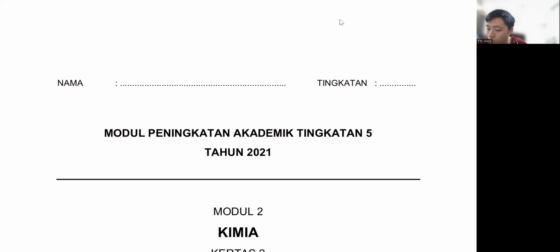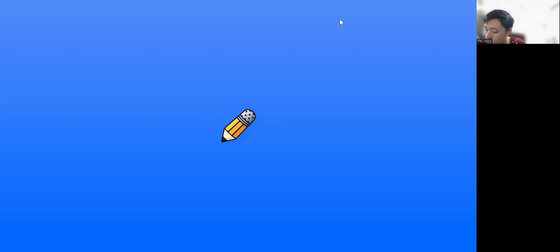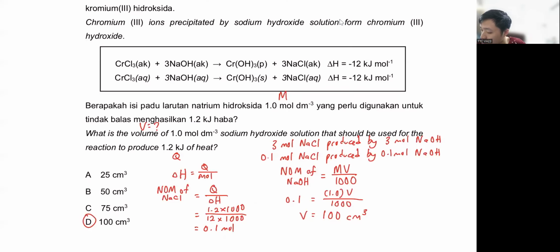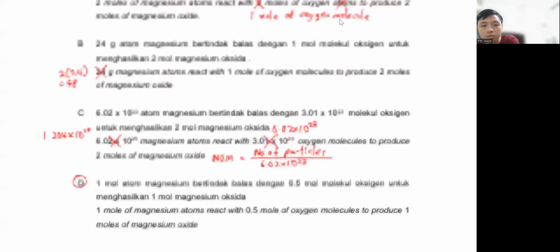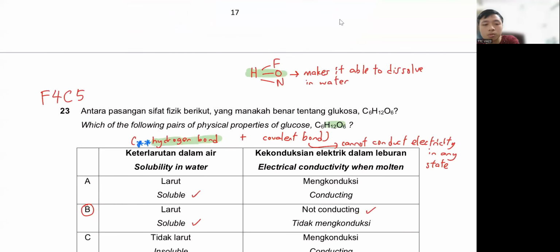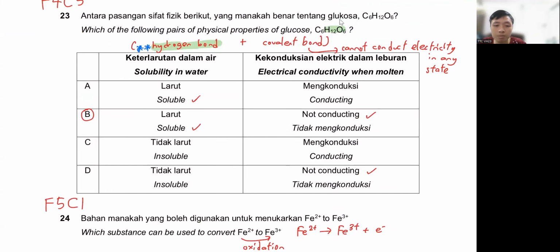Okay, sorry, 23. Yeah, B. It's supposed to be B. Because of hydrogen bond, covalent bond, hydrogen bond.